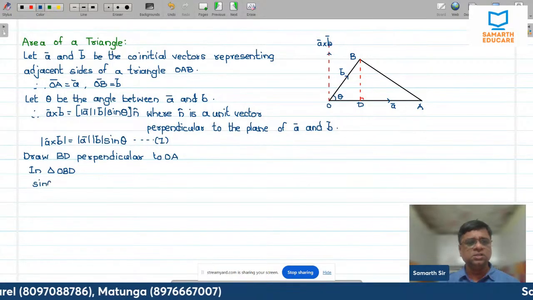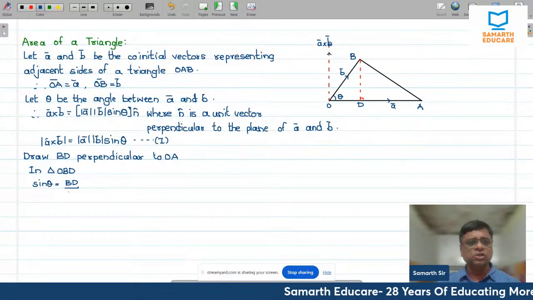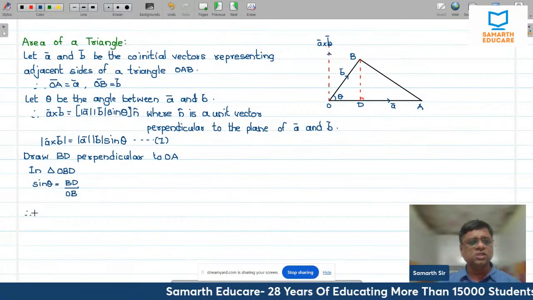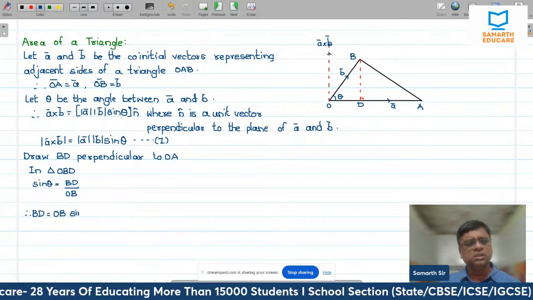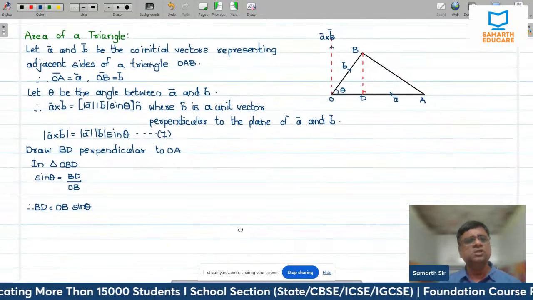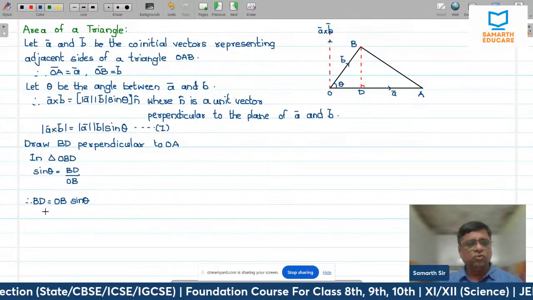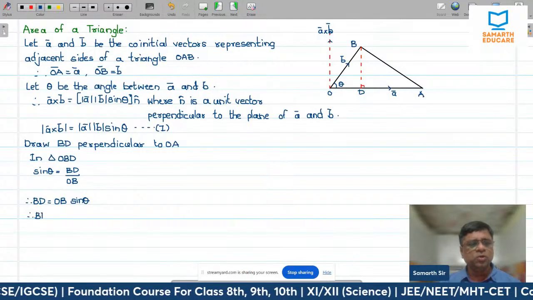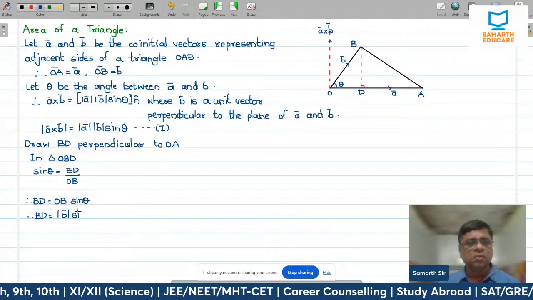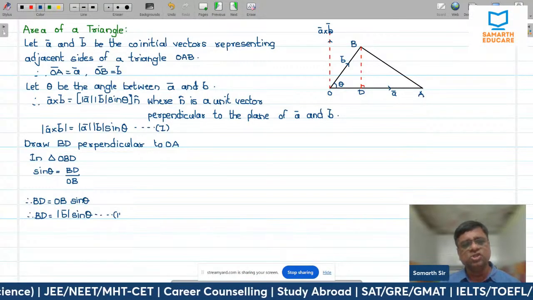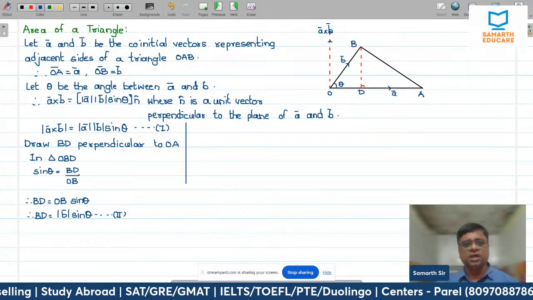Sin theta is the opposite side, which is BD, upon the hypotenuse, which is OB. So BD is OB sin theta. What is OB? Length OB is the magnitude of B bar. Hence, BD is mod B bar sin theta. Equation number 2.